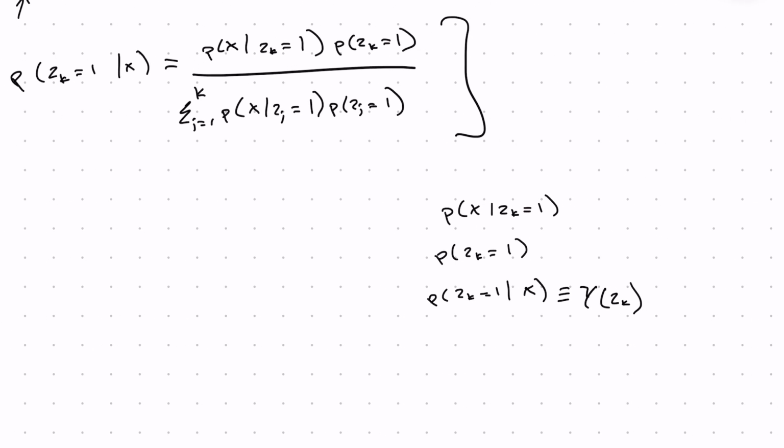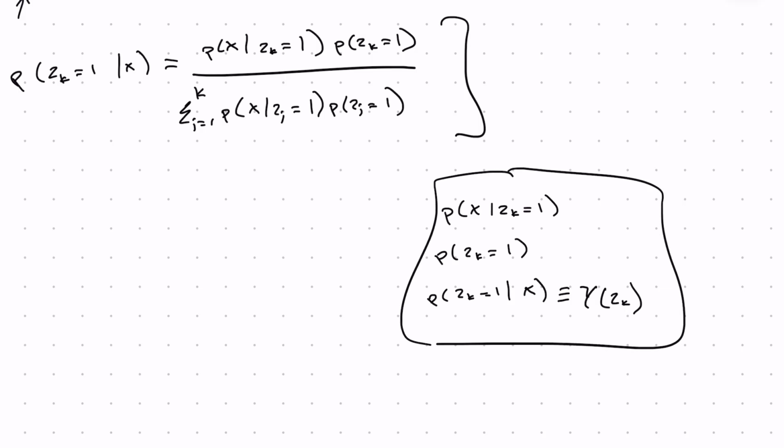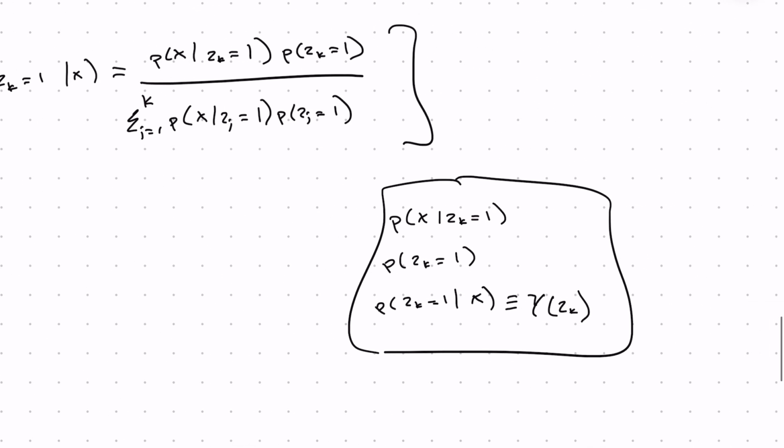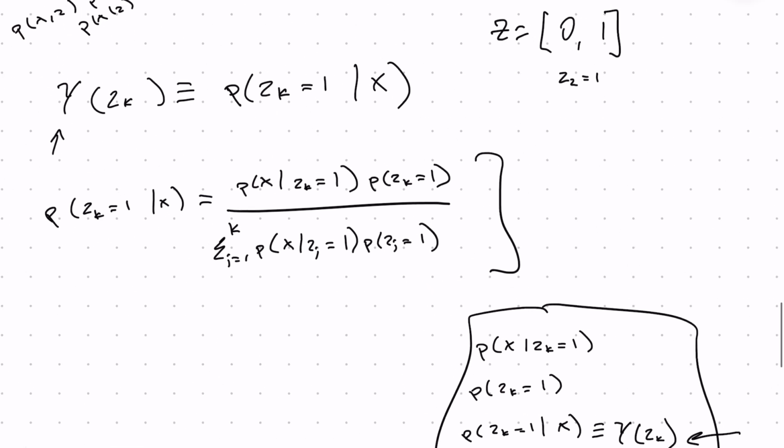All right, so that's a lot of notation. But these are the three equations that we need to be able to compute. Mainly because this is what we need to compute, because this is our final output.